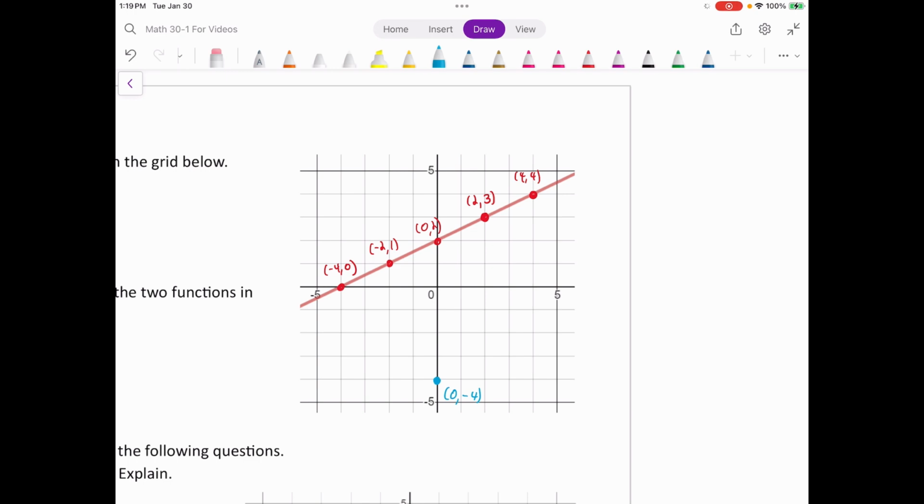Taking the inverse, negative 2, 1 is going to become 1, negative 2. Okay, moving along. 0, 2, what's that going to become? You got it. 2, 0. 2, 3 will become 3, 2.